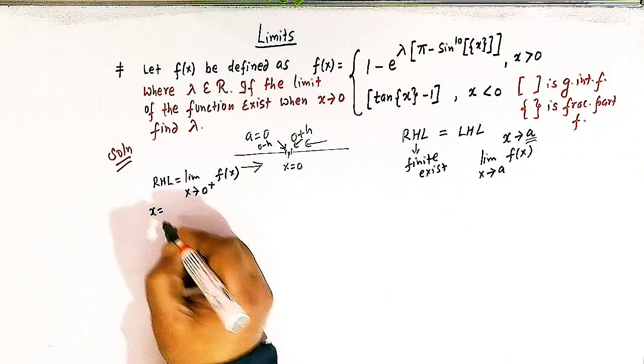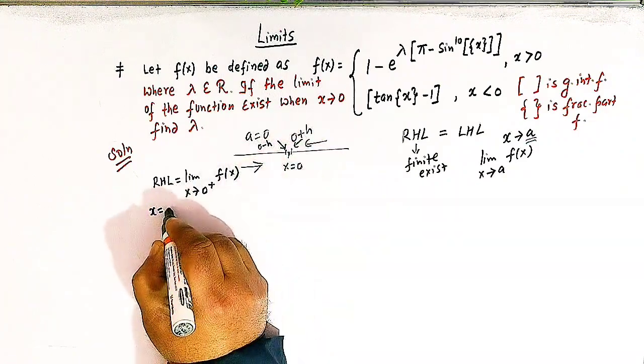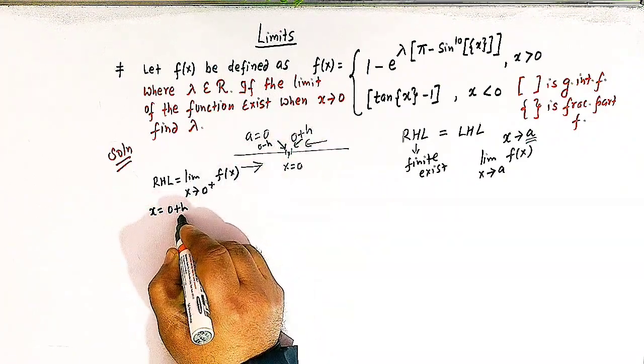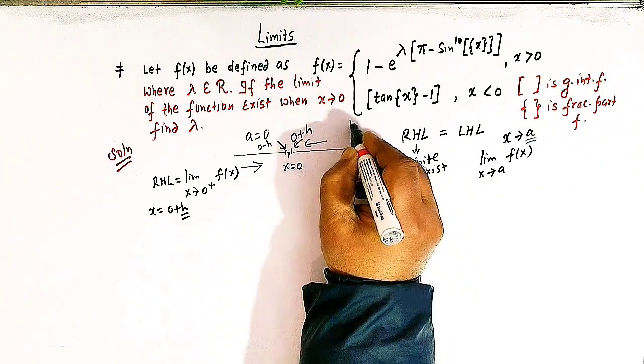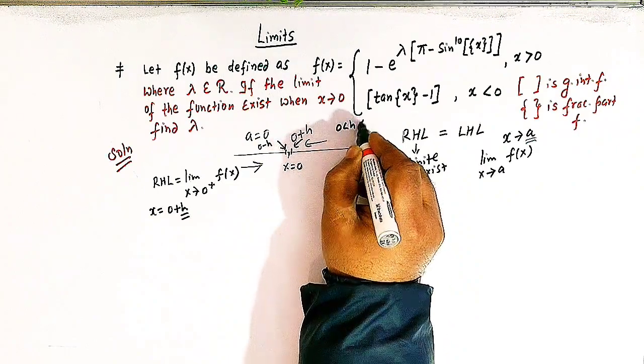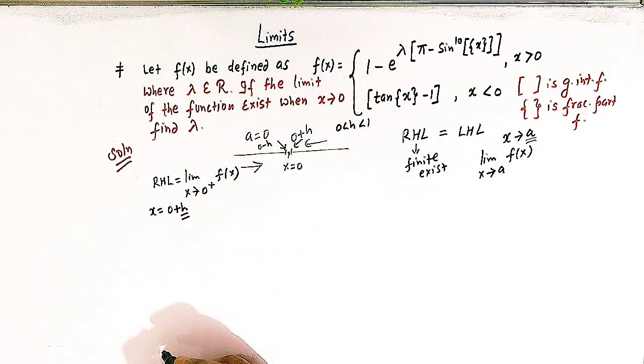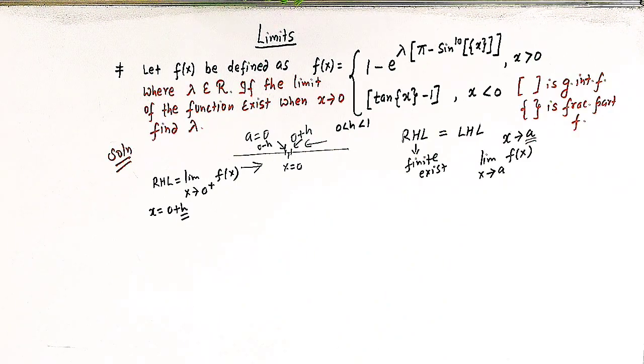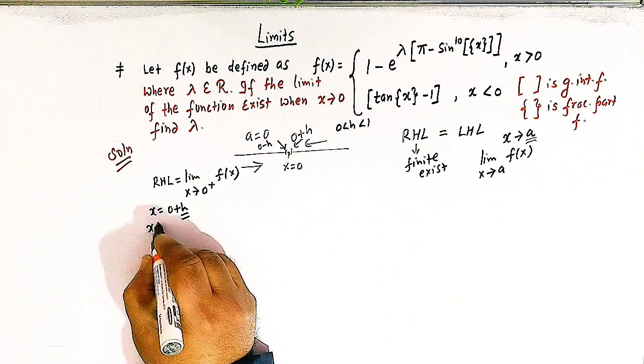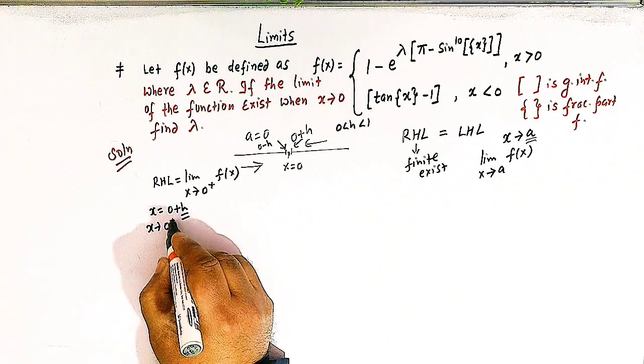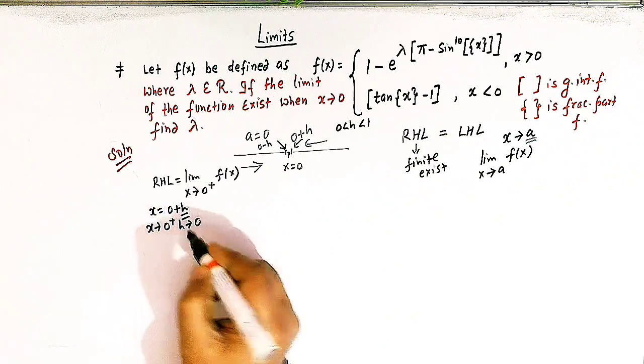So we take x is equal to 0 plus h, and here h is a positive quantity, and it lies between 0 and 1, and h is infinitesimally very small. So when x tends to 0, then h tends to 0, right?